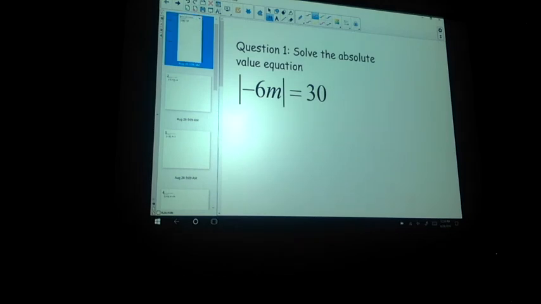Should be two answers for you. Try that problem on your whiteboard. Most of you are working, so I'm going to get the opportunity to take a look at mine.